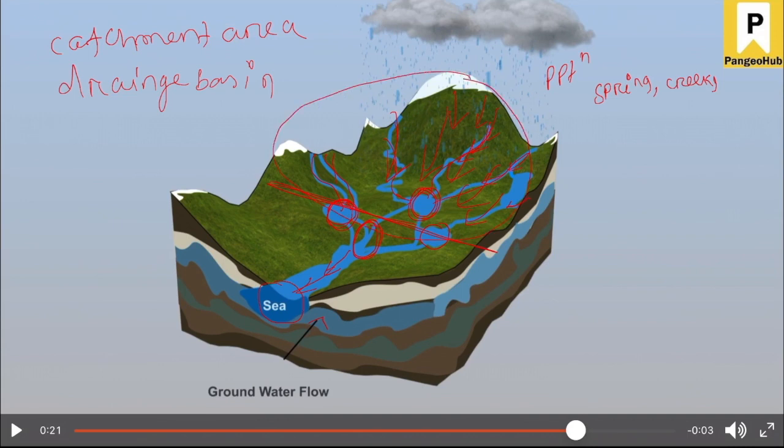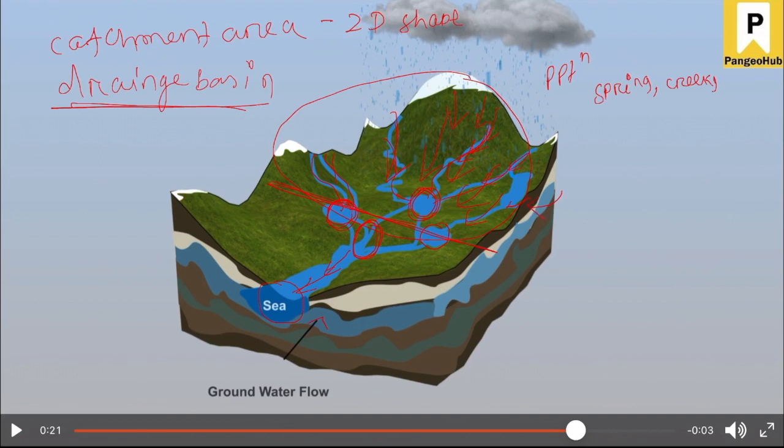Area means we are generally dealing with 2D shape features, because whatever water falls on the surface is funneling. It is only happening on the surface. But if you take the example of a drainage basin, it is three-dimensional. That means it deals with the water of the surface as well as the water which is supplied from the subsurface.